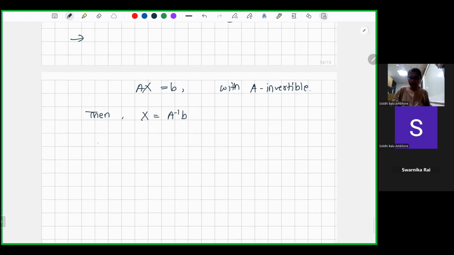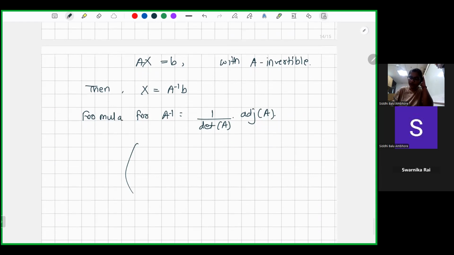The formula for A inverse is 1 by determinant of A into adjoint of A, right? And adjoint of A is the collection of all cofactors of A. I hope you know what adjoint of A is. It is the cofactor matrix.